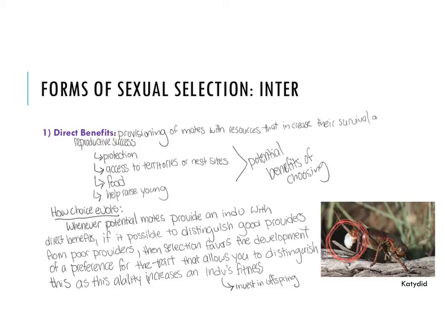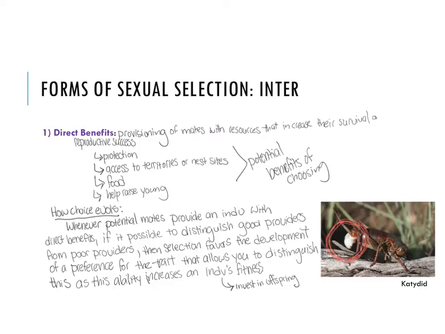But if you can figure out a good provider from a bad provider, you're going to mate with a good provider consistently, which means you're probably going to leave more offspring because you have access to more resources, right? Like protection, territories, more food, or even help, right? So your lineage is going to spread. The lineage that can tell good providers from bad providers is going to spread, and the other lineage is going to decline, right? So over time, we expect to see a preference evolve.